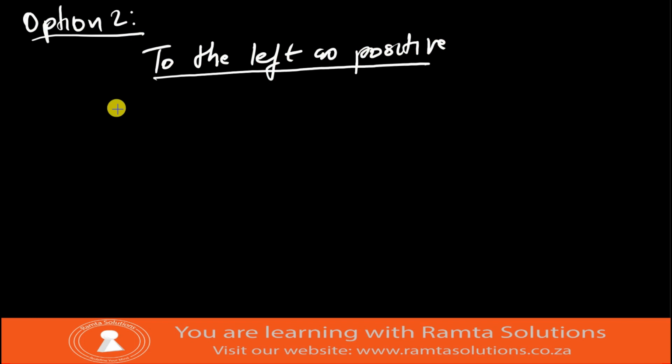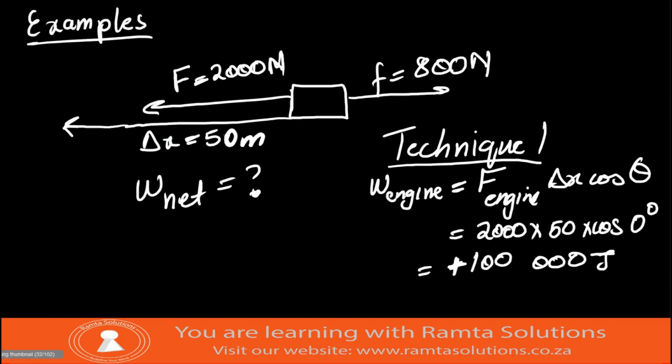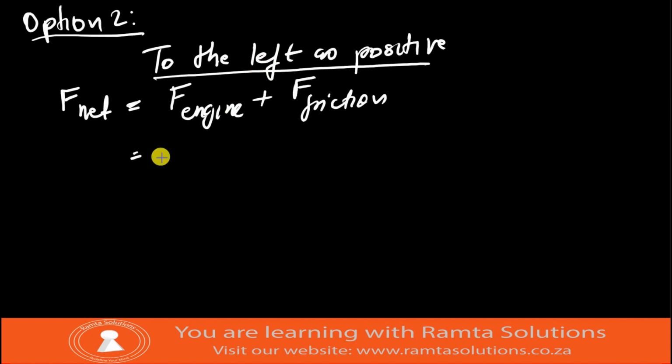So what I know is that F net equals force applied by the engine plus force applied by friction. Force applied by the engine is to the left, which is 2,000 newtons, and I said to the left is positive. So it'll be 2,000.